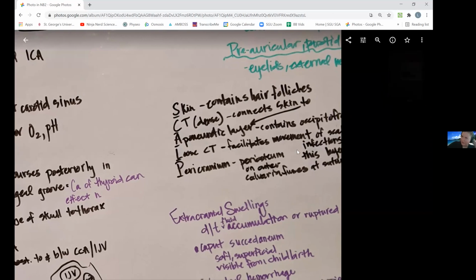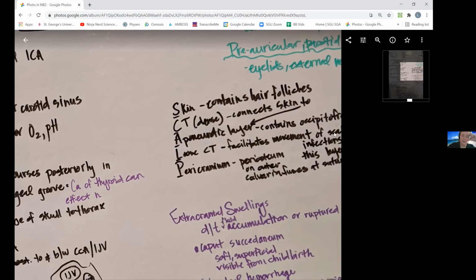So remember, you always want to tie it back to a pathology. So that and then the aponeurosis are going to be your two biggest ones for the layers of the scalp, honestly. So skin just contains hair follicles, dense connective tissue connects to the aponeurotic layer. So these kind of go with each other, and this is what you have to close to make sure you close a wound properly.